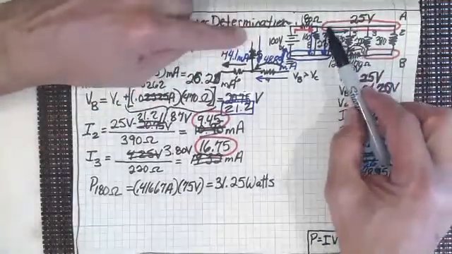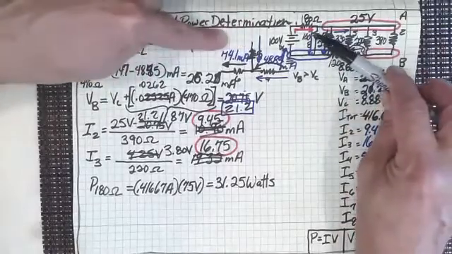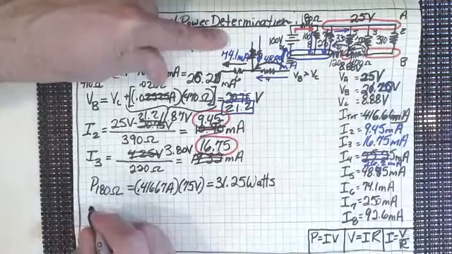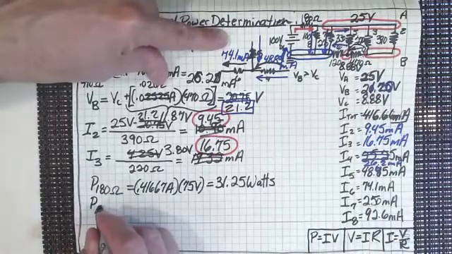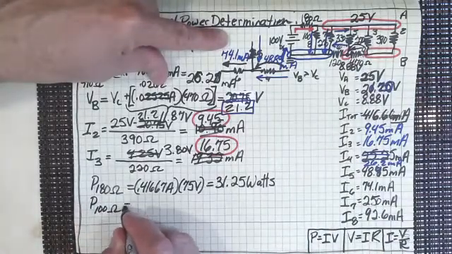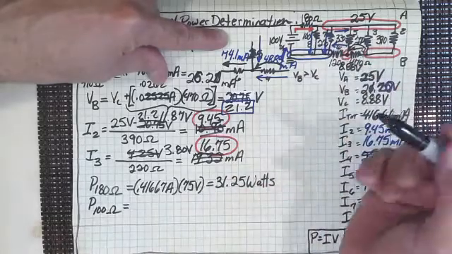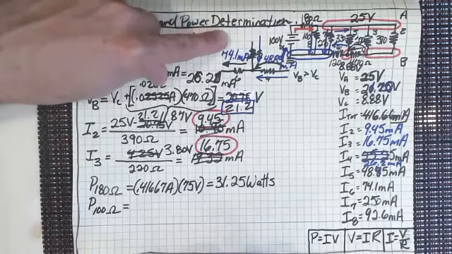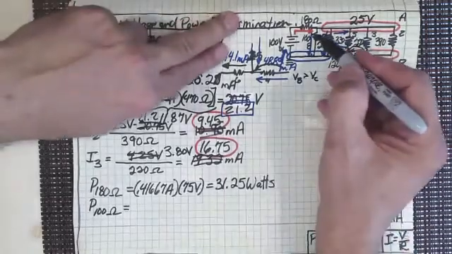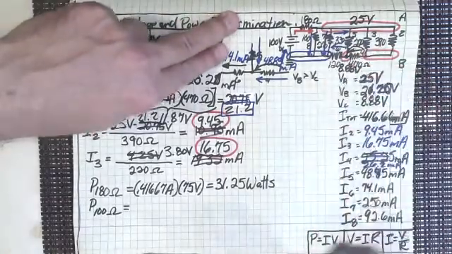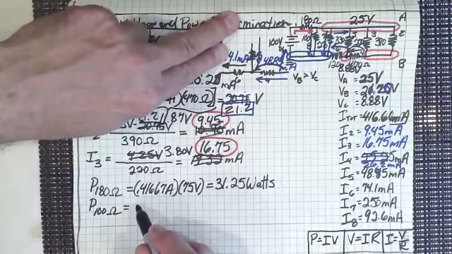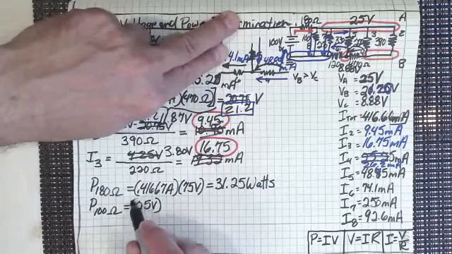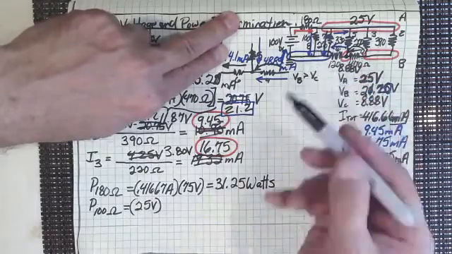How about the rest of the circuit? If we look at the rest of the circuit, we can see there's a lot of current flowing through that 100 ohm resistor right there. So what is the power through the 100 ohm resistor? Again, power equals VI. The voltage across that 100 ohm resistor is going to be 25 volts. Not as much as the 75 volts, but still quite a bit.